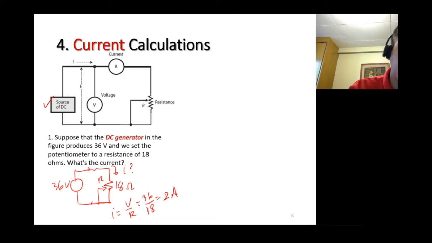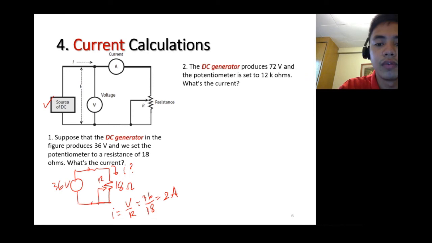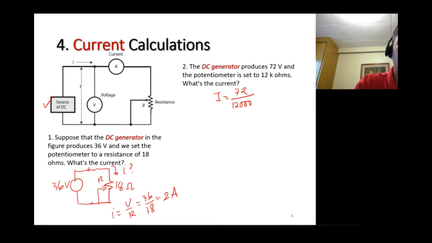In another example, if you're given a voltage of 72 volts and the resistance is set to 12k ohms, what's the current? Very simple, I is equal to 72 divided by 12k. Take note that 12k should be 12,000, or 12 times 10 to the 3. When using a calculator, you should put it that way. You can write 12k, but make sure you are able to write it the proper way.